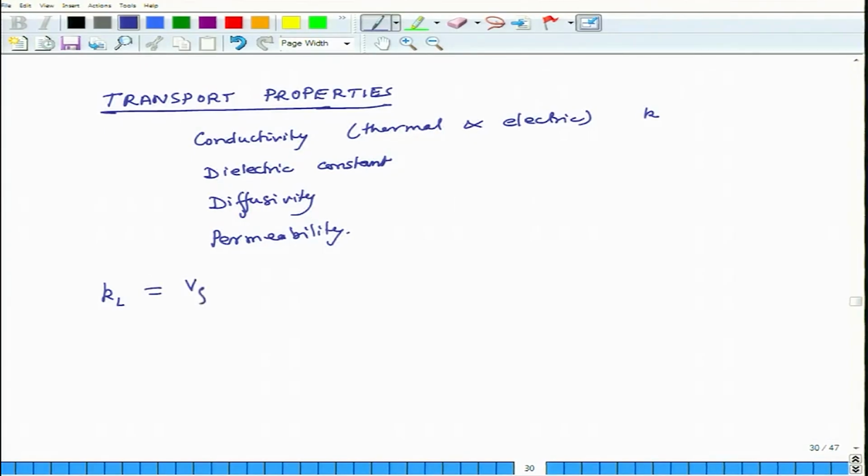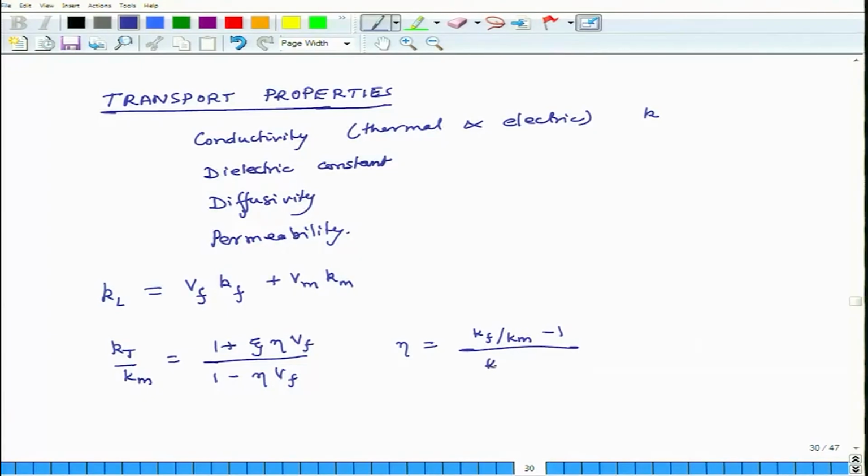It is Vf Kf plus Vm Km, where Vf and Vm are volume fractions for the fiber and matrix respectively, and Kt over Km, which is the transverse conductivity, is given by the Halpin-Tsai relation: 1 plus zeta eta Vf divided by 1 minus eta Vf, where eta is equal to (Kf over Km minus 1) divided by (Kf over Km plus zeta).